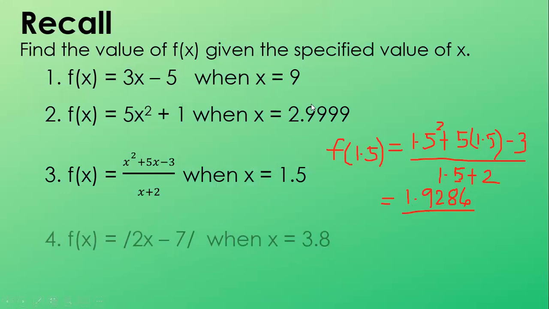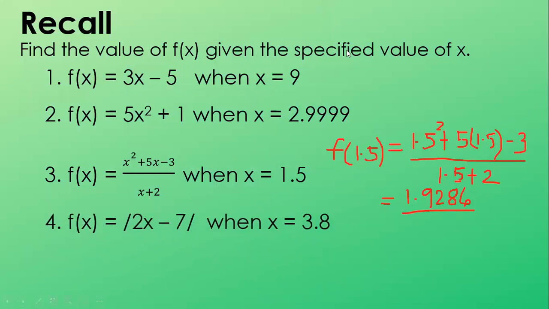All right, so let's have number 4. Number 4 is f of x is equal to the absolute value of 2x minus 7. So what's the f of x when x is 3.8?